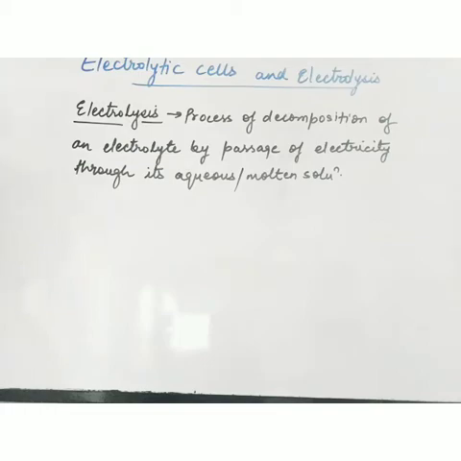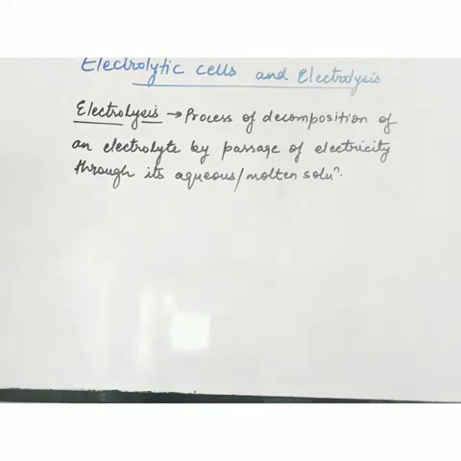So, in electrolysis we have to pass electric current, and as a result, the electrolyte is dissociated, or we can say that the electrical energy is changed into chemical energy.